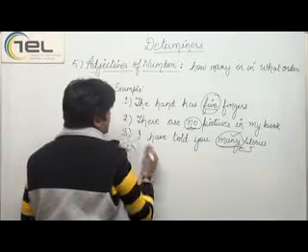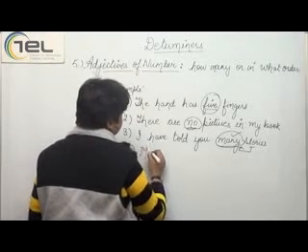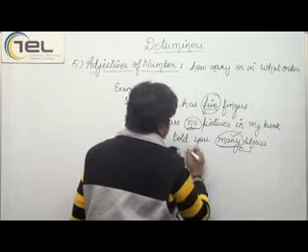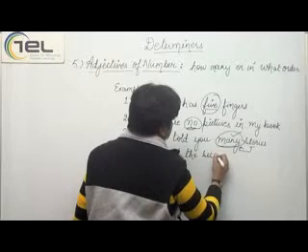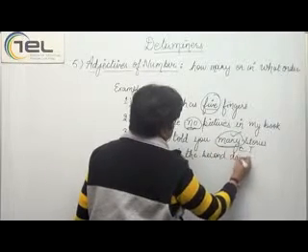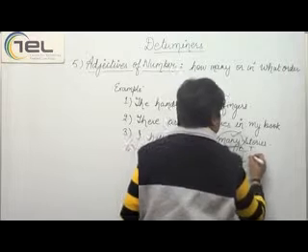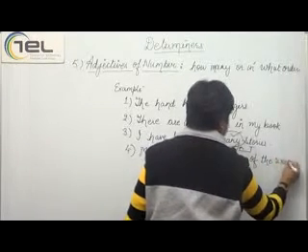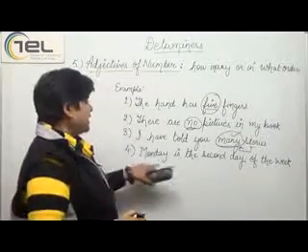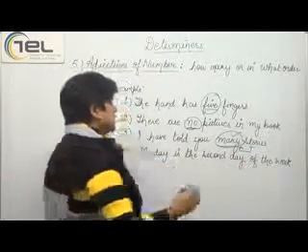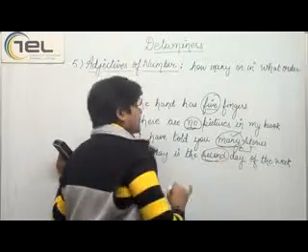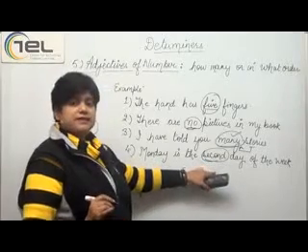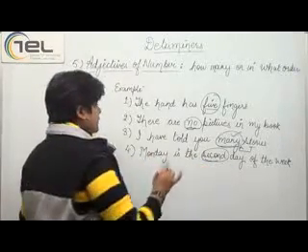Another example that we can take is Monday is the second day of the week. Second here would be called an adjective of number because it is telling the order of the day in the week.